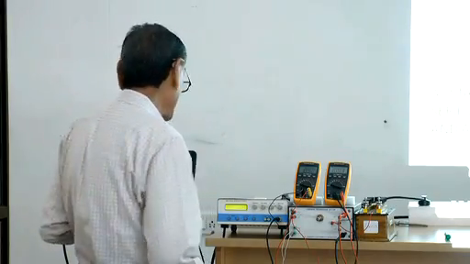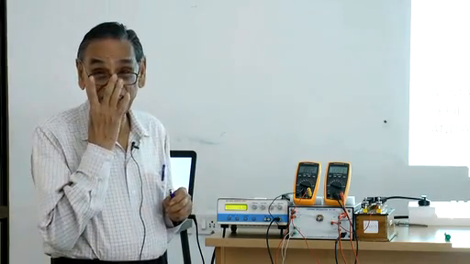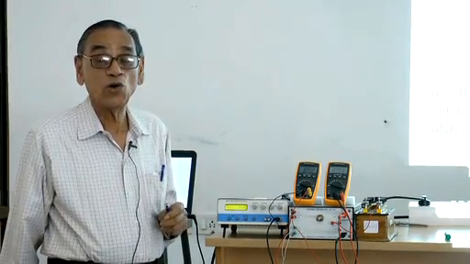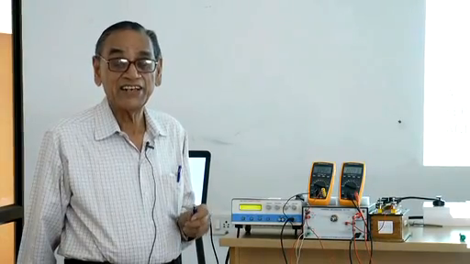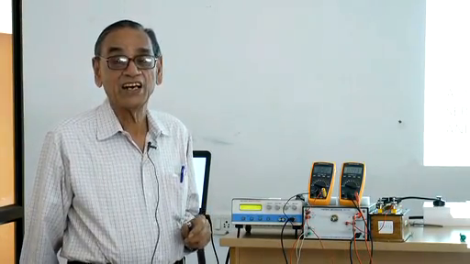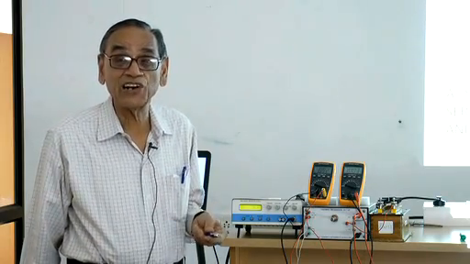This is because tau for the bulb is of the order of 100 milliseconds. So at 20 hertz, omega tau is 2 pi into 20, 120, into 0.1. Omega tau is 12. Omega square tau square is 144.